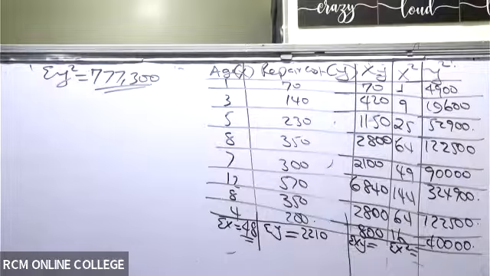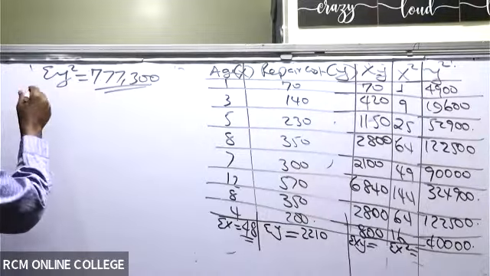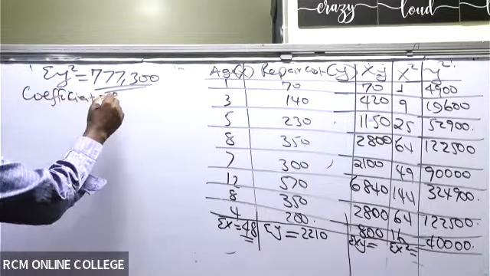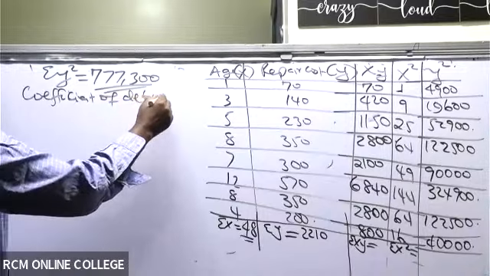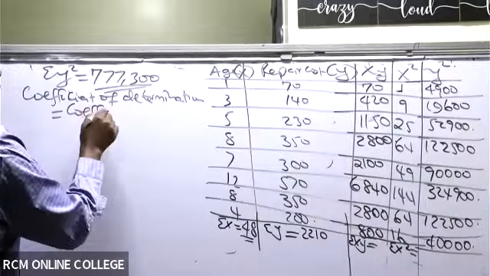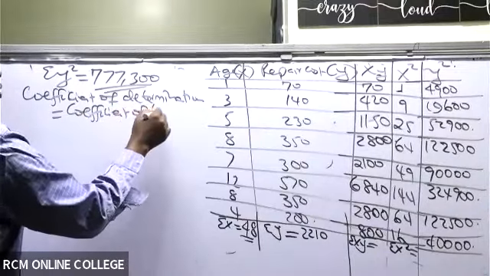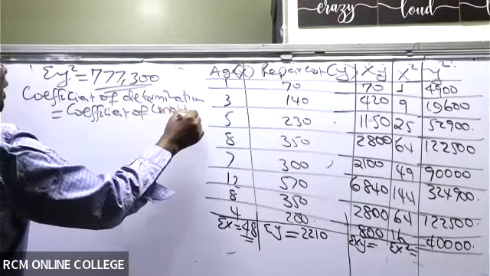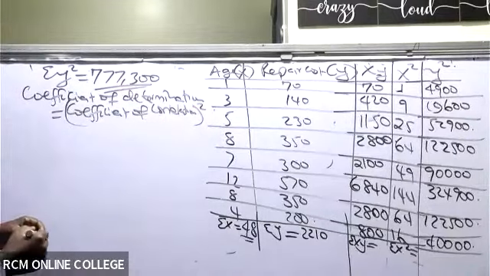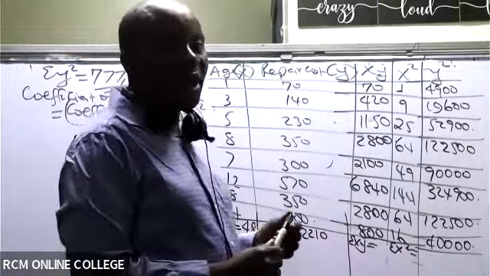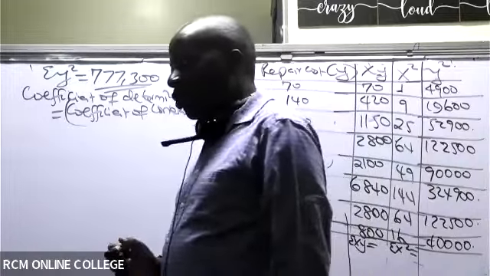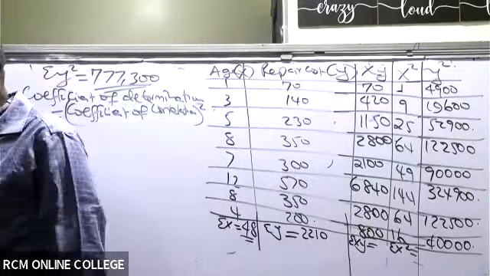So now remember the easiest way of getting coefficient of determination. Coefficient of determination equals coefficient of correlation squared.